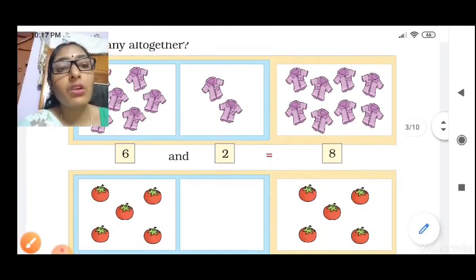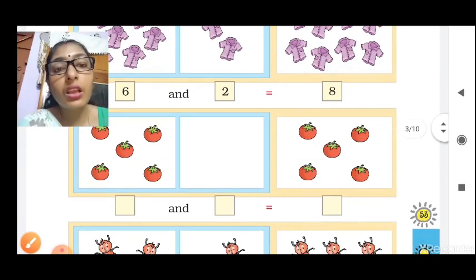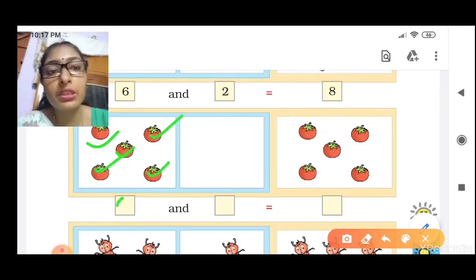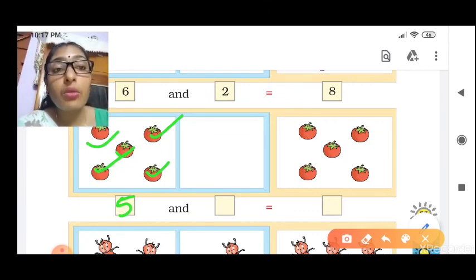Now let's see. In the first picture how many tomatoes are there? 1, 2, 3, 4, 5. So total 5 tomatoes. In the second picture how many tomatoes are there? Nothing, that means it has 0.